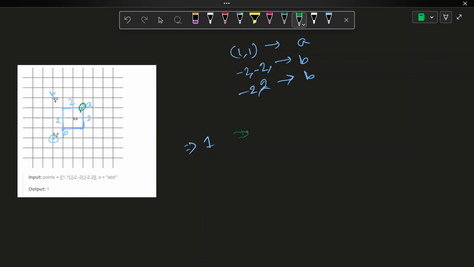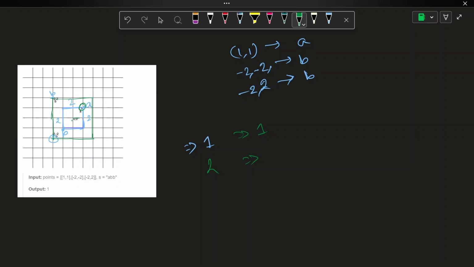So if our side length is 1, the answer count will be 1. If I take 2, then this will be 2, this will be 2, and this will also be 2.